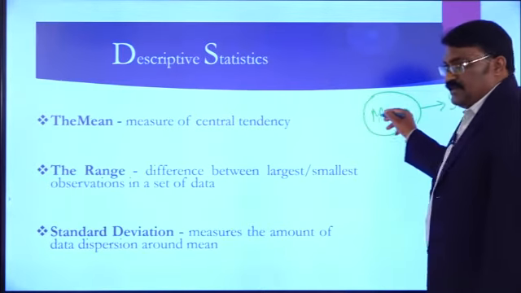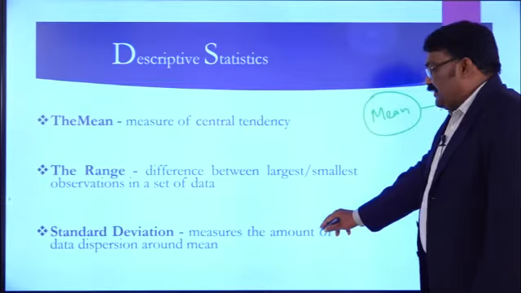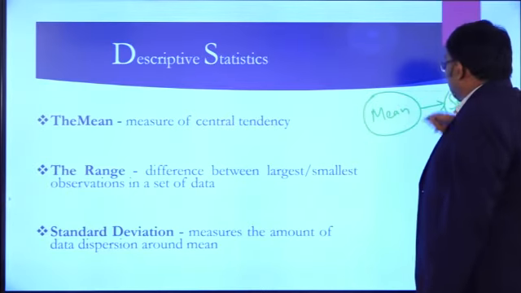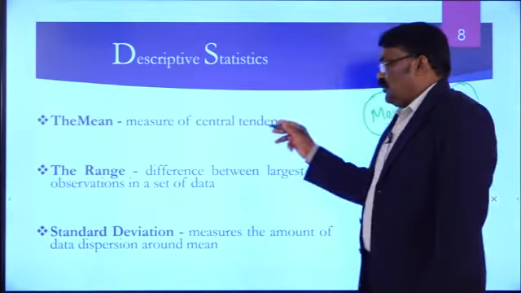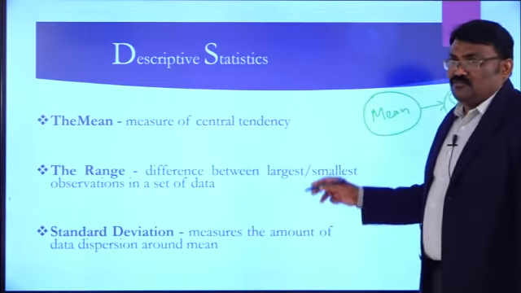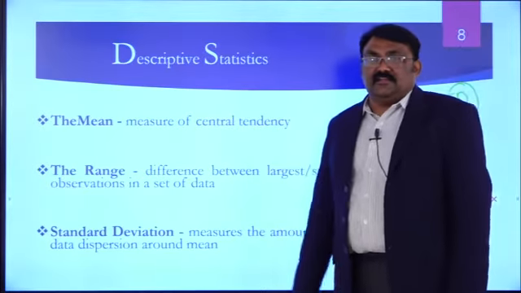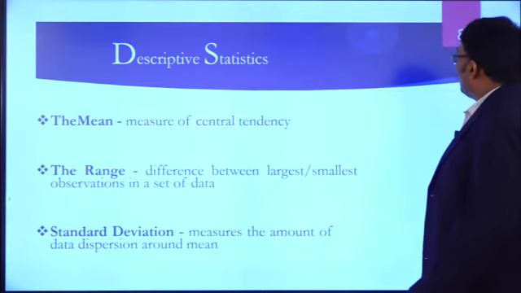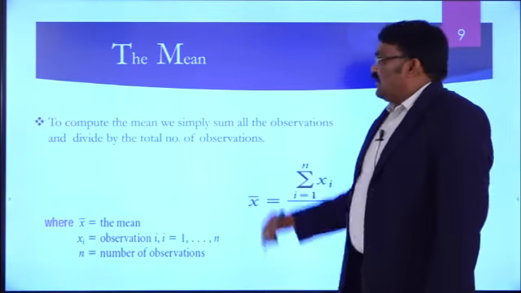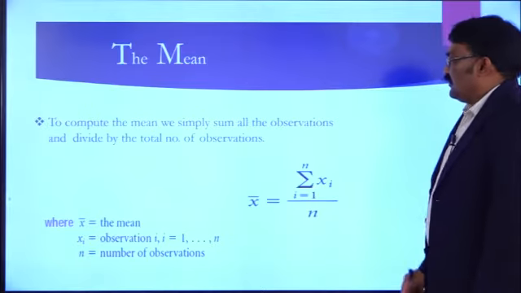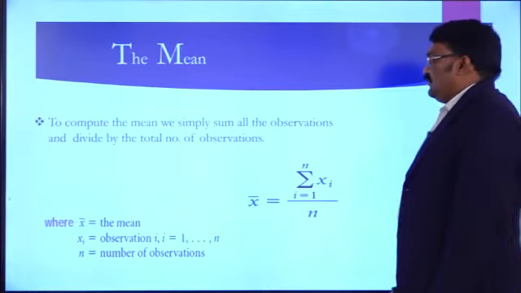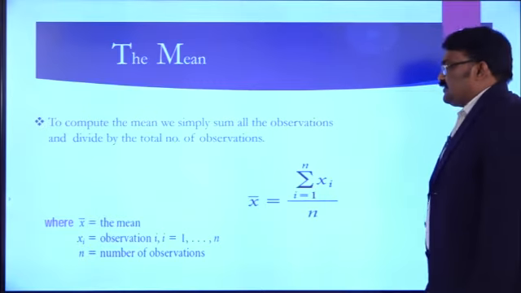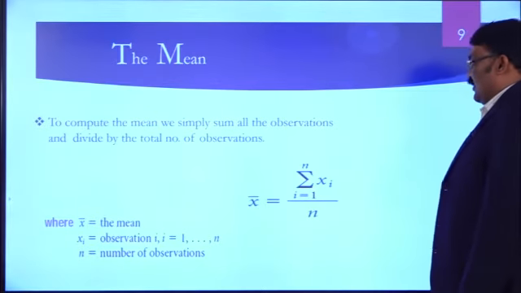Once we have identified the mean, from the mean we identify the deviation of the overall data in the standard deviation. To compute the mean, we simply sum all the observations and divide by the total number of observations.